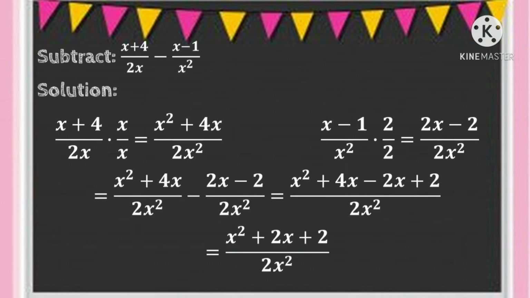And x minus 1 over x squared multiplied by 2 over 2 is equal to 2x minus 2 over 2x squared. And our answer is equal to the quantity of x squared plus 4x minus the quantity of 2x minus 2 over 2x squared. And the final answer is equal to x squared plus 2x plus 2 over 2x squared.